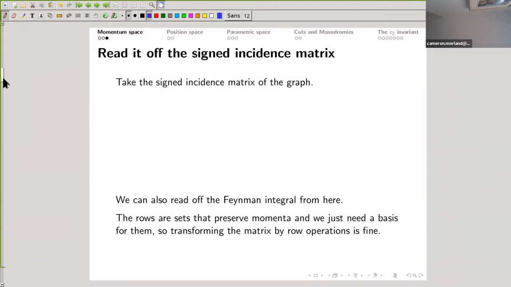Okay. I also want to point out, again, something that may be clear to many of you, which is that you can read off this integral from the signed incidence matrix of the graph. So, all right, we've got our little graph again, and we're making things go this way. Now I'm going to ignore the external stuff for a moment, and we can talk about how we could put it in if we wanted to.